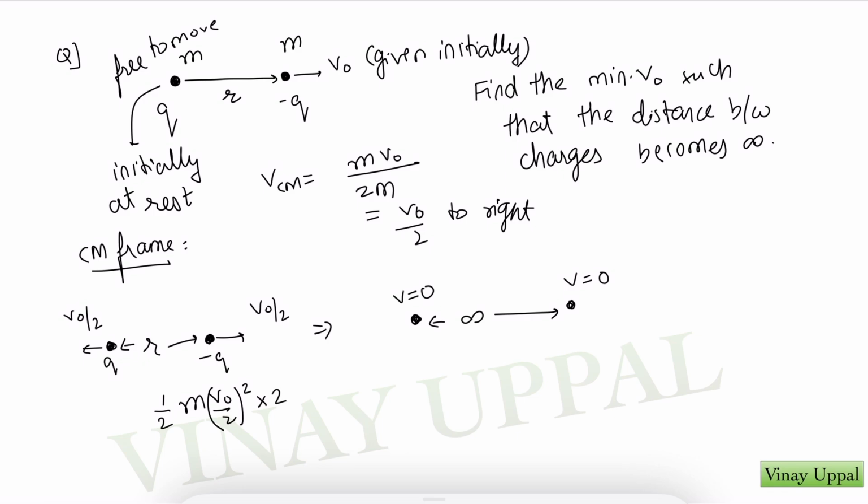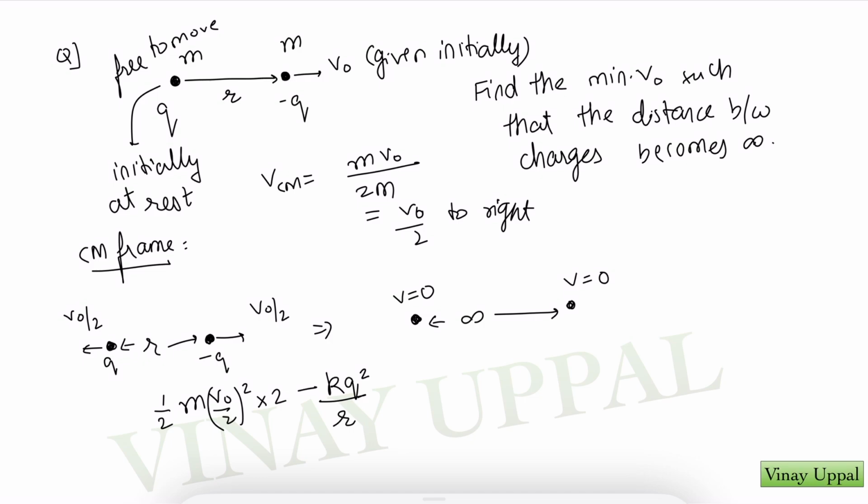And what about the potential energy? That is minus kq squared by r. Now some students may have this doubt that I am writing potential energy only as one term, even though I have two particles, and I am multiplying the kinetic energy by 2 for two particles. So what's the issue? Potential energy is defined for an interaction.